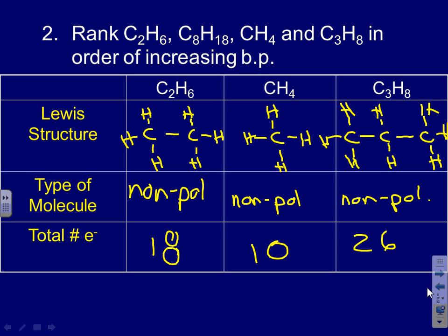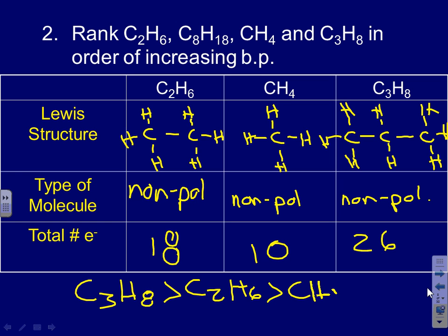So, which would have the highest melting point, boiling point? C3H8. C3H8 is greater than C2H6 is greater than CH4. And again, that's for melting point, boiling point. And why?